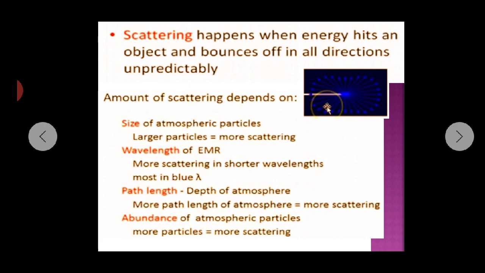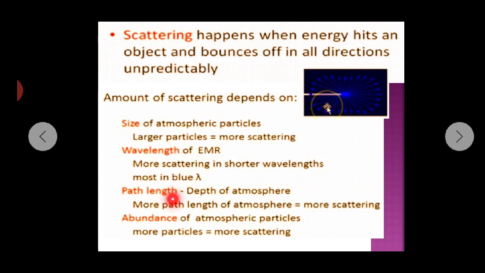We know that gamma rays have the shortest wavelength. But in terms of visible light, blue has a lesser wavelength when compared to the red side. So there is more scattering in shorter wavelengths, mostly in the blue region.